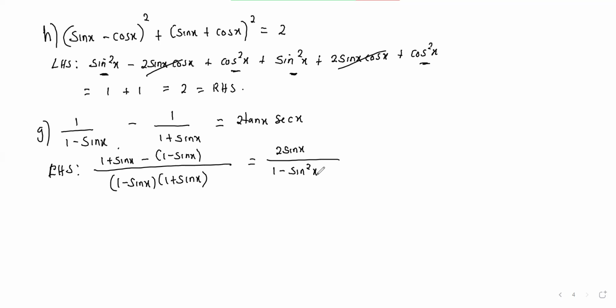But we just expand, not conjugate. So this is 2 sin x over 1 minus sin squared, which is cos squared, which is cos x. So we get 2 sin over cos, tan. 1 over cos, sec, which is the right hand side.